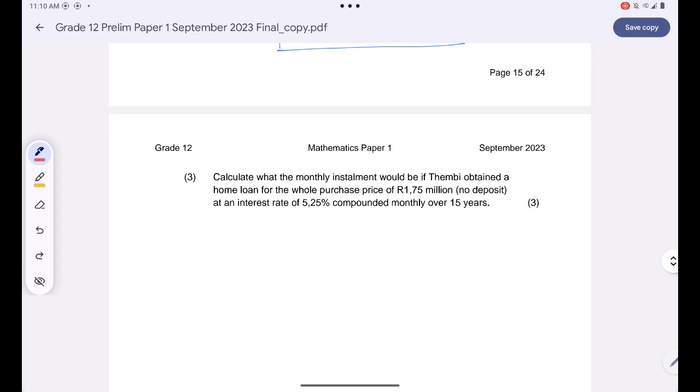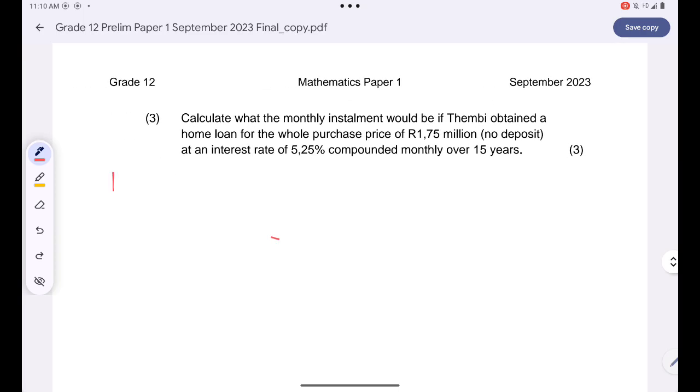And then now we are being asked to calculate what the monthly installment would be if Tembi obtained a home loan for the whole purchase price of 1.75 million rands with no deposit at an interest rate of 5.25% compounded monthly over 15 years. Okay, the present value, guys, the value of the loan is just 1,750,000.